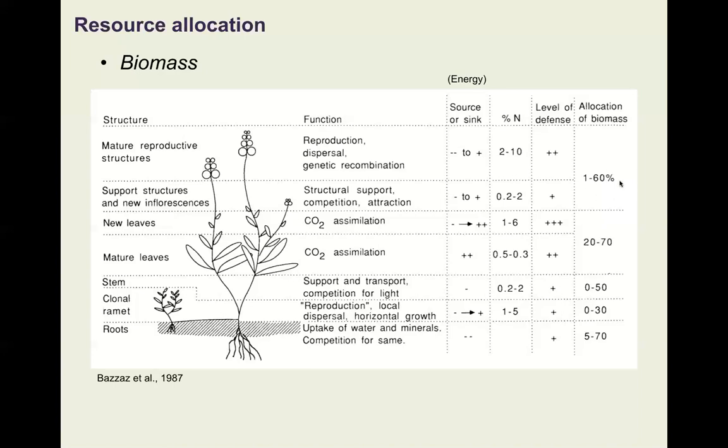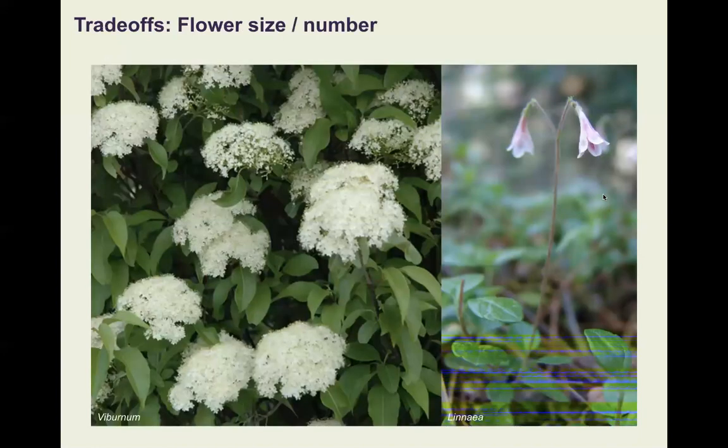That would be the measure of biomass devoted to reproduction. And we see a big variety as far as the number of flowers, the size of individual flowers. Again, I just want to give you a spectrum of possibilities here.